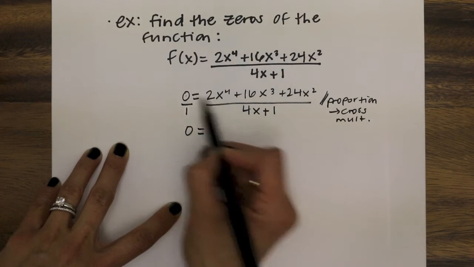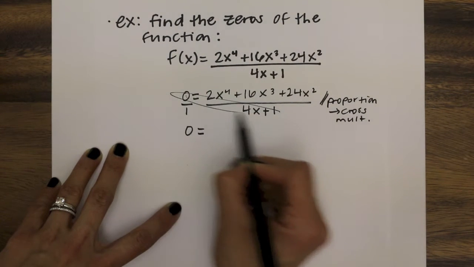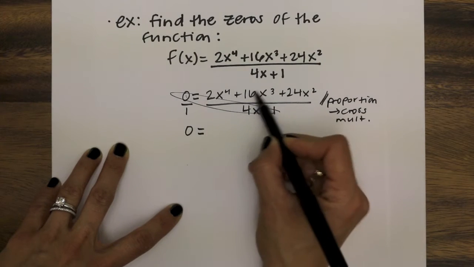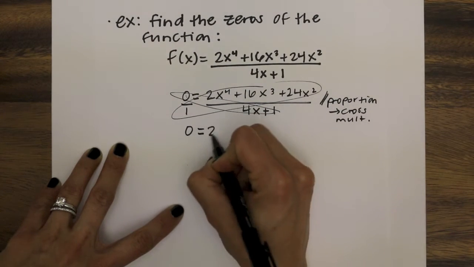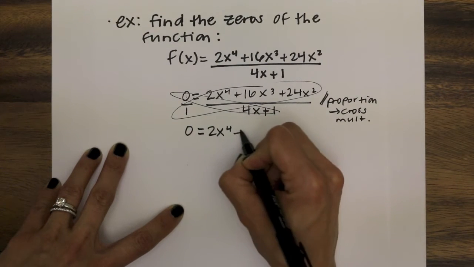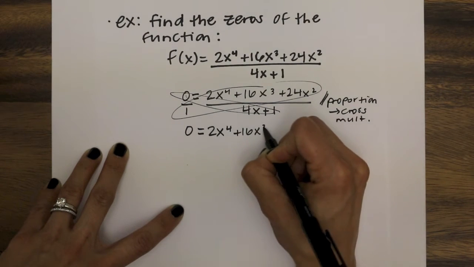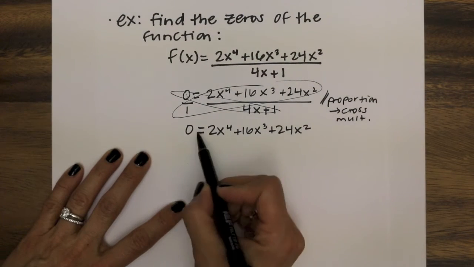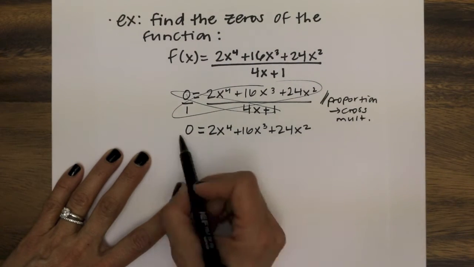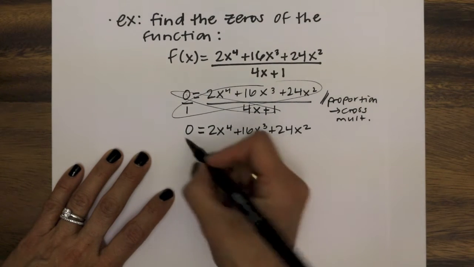So you're multiplying across 0 times the 4x plus 1, and then you're multiplying across 1 times that entire expression, or just itself.